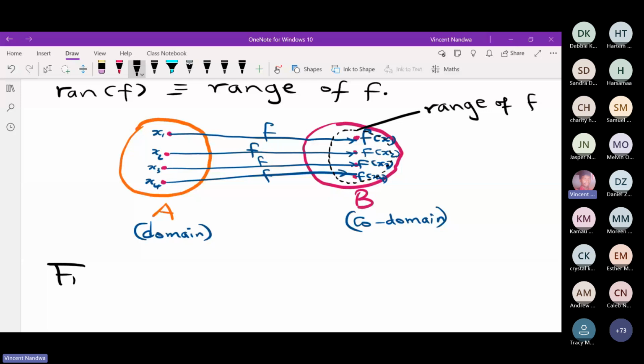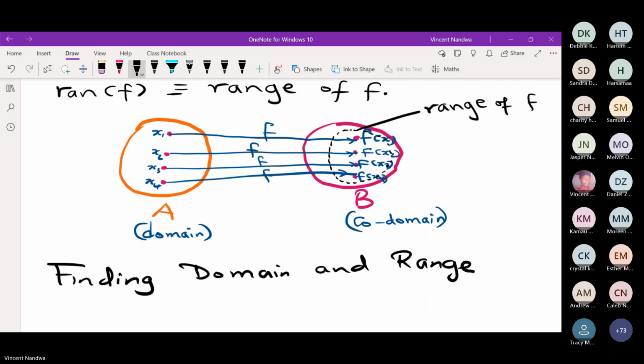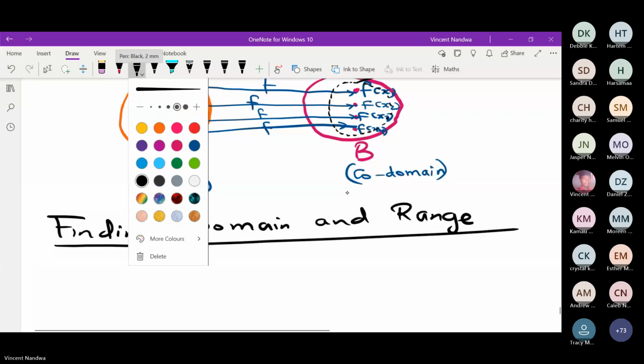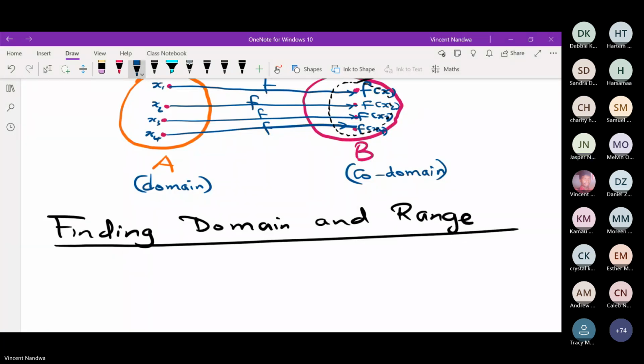So, finding domain and range. I'll demonstrate this with examples.